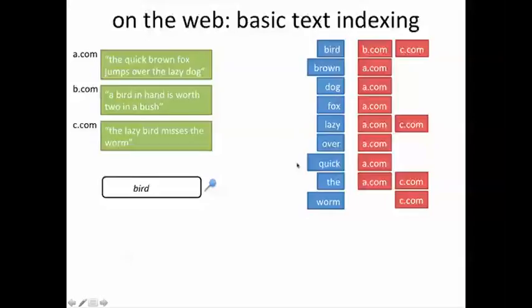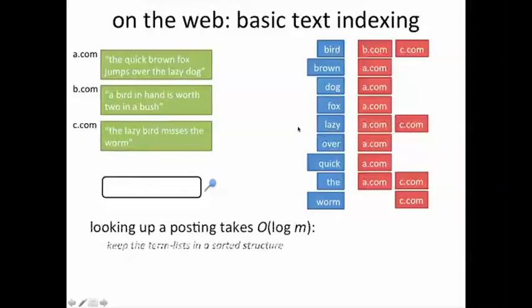Assuming some sorted structure, such as a binary tree, which you may have studied in your data structures courses, is used to store all these words, then looking up a word takes log m time. In fact, you can do a little bit better if we use hash tables, but we won't go into that in detail right now.